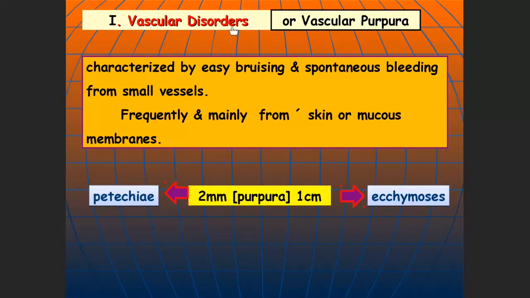Vascular bleeding due to vascular disorders, or vascular purpura, is characterized by easy bruising. The slightest touch on the skin or on a mucous membrane gives spontaneous bleeding from small blood vessels. Vascular purpura mainly affects the skin and the mucous membranes.